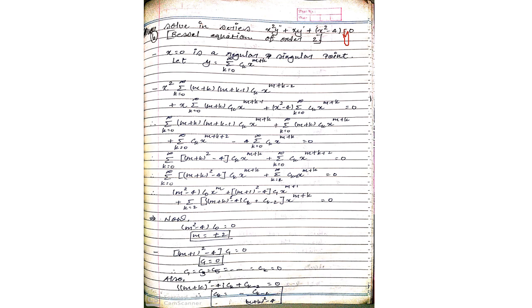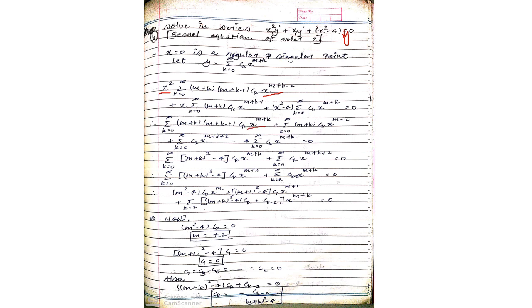In the next step you have to convert x into a single term of x, right? So see here, x square and here x raised to m plus k minus 2, so that will be x raised to m plus k only, right?